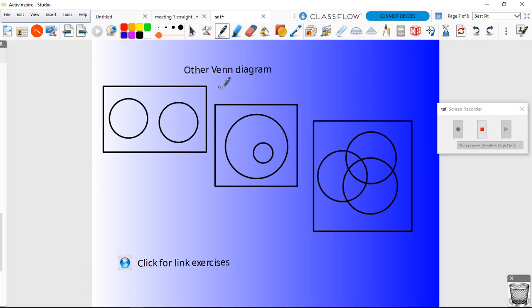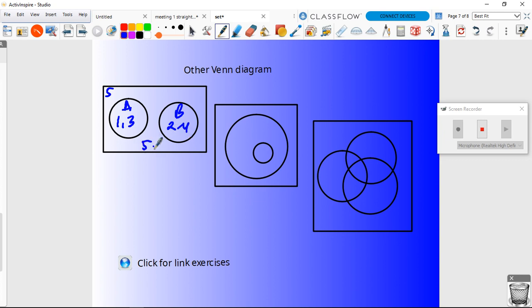So here, the last one, I have another kind of Venn diagram. These two diagrams are for when we have two sets with no intersection area. Let's say A is 1 and 3, and B is 2 and 4.